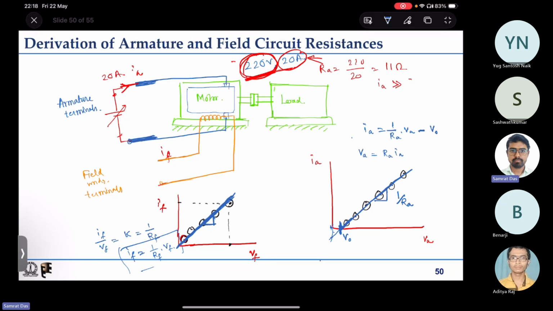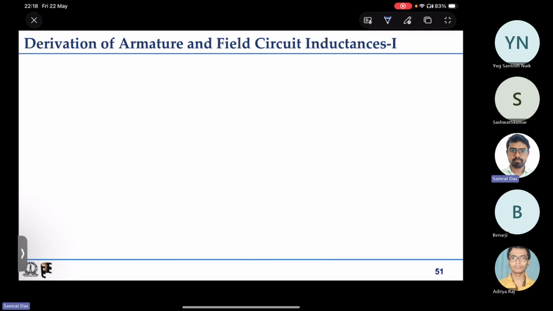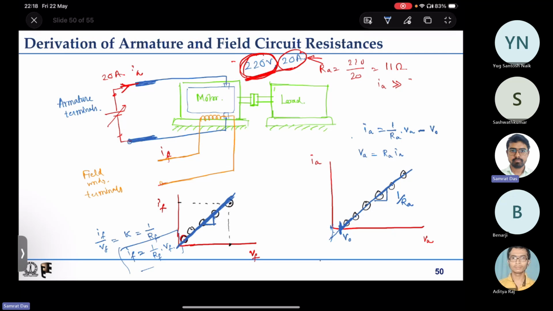I think there is some mistake here. V0 meaning can be something else. So this is some V0, forget what that is. So Va is Ia Ra plus some Ra into V0. This is the equation that you have. Now this Ra into V0 happens to be a constant quantity.